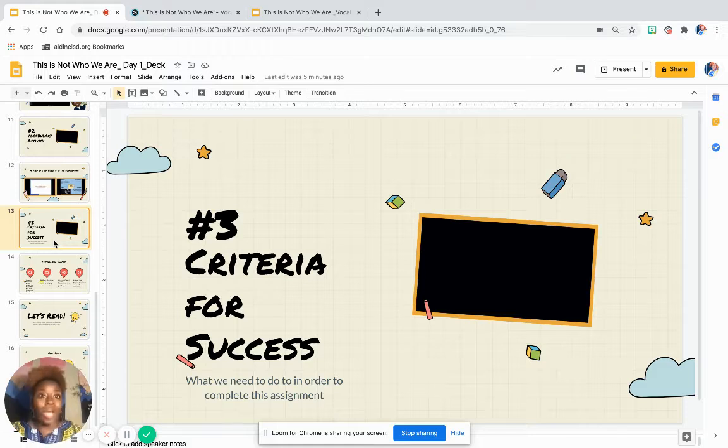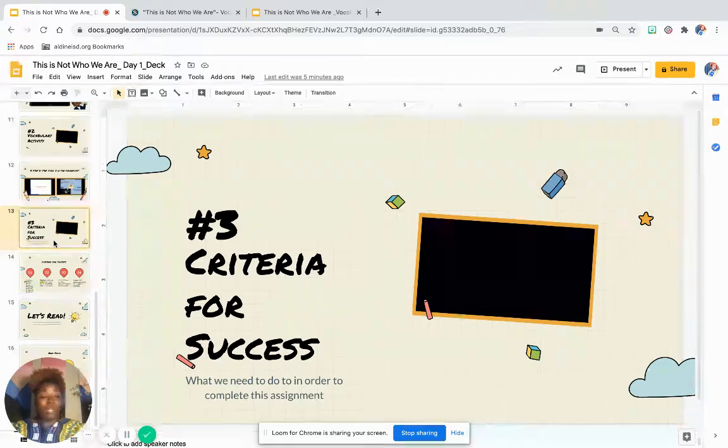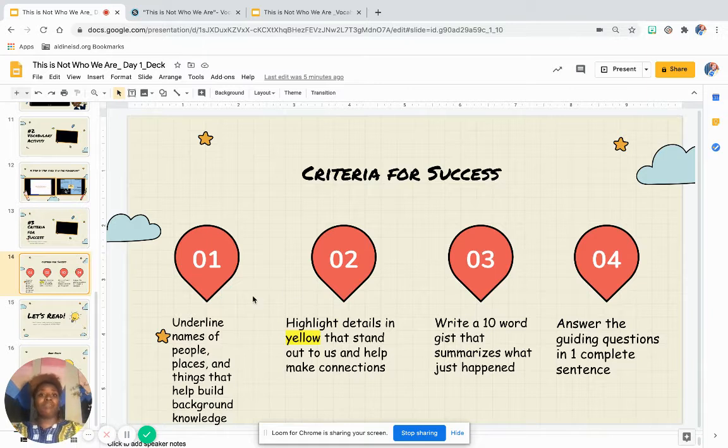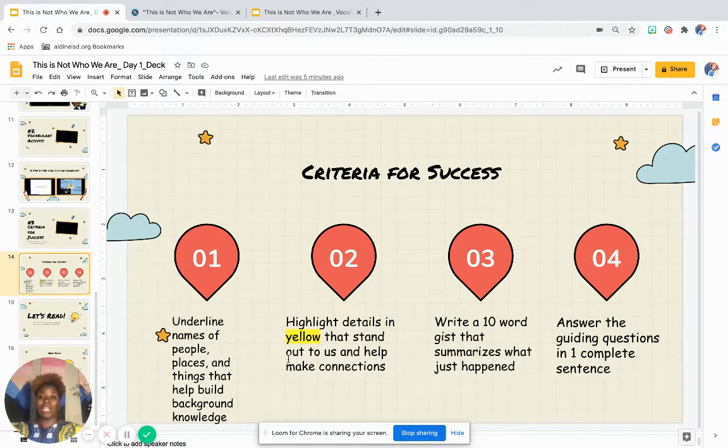All right. Let's go to the criteria for success. So we know that the criteria for success is what we need to do in order to complete this assignment, to be successful in life, but to definitely be successful in this assignment. Okay. So I know you're probably getting tired of me telling you what the annotations are, but just so that you know, we are underlining the names of those nouns, people, places, things, those things that help us to build background knowledge.